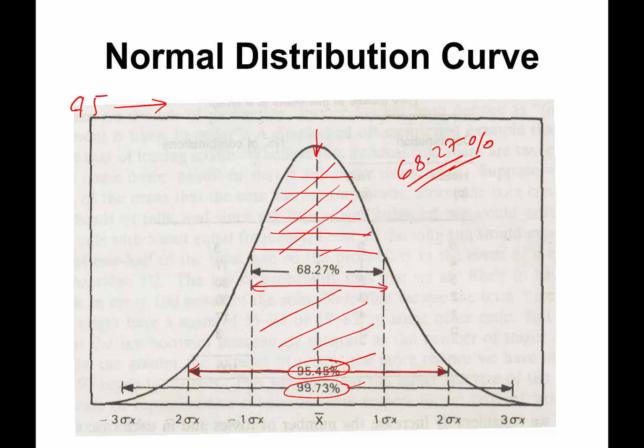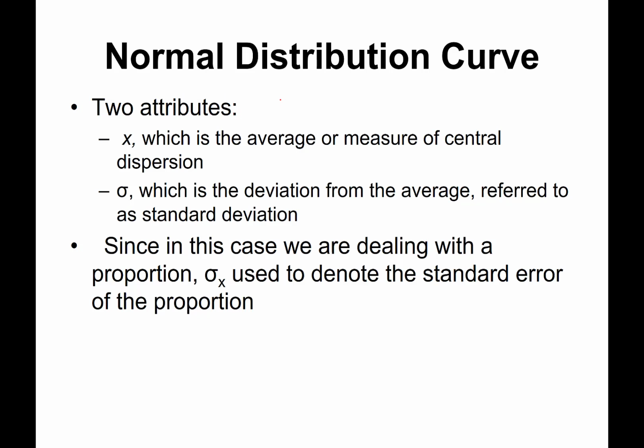So for a 95% confidence level, we take plus minus 1.96 sigma.